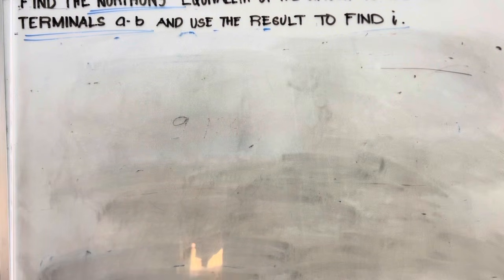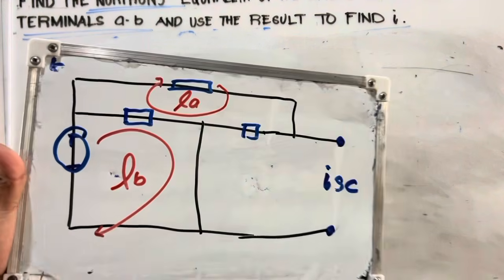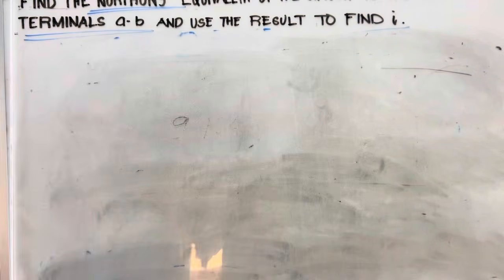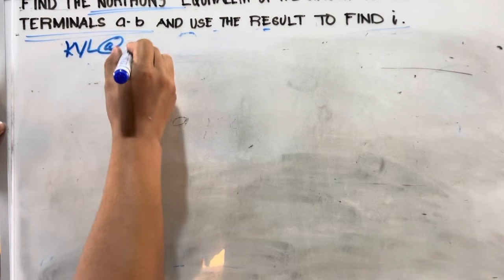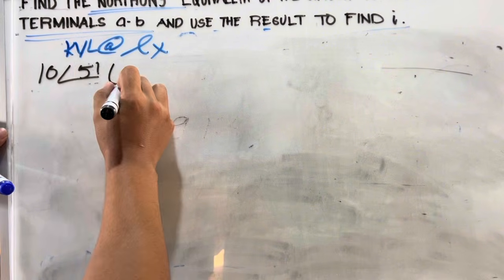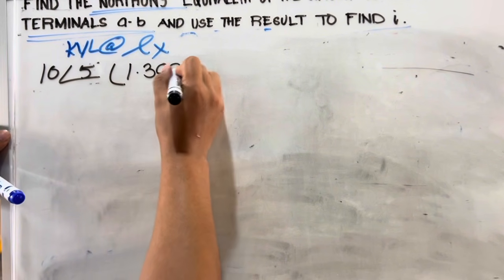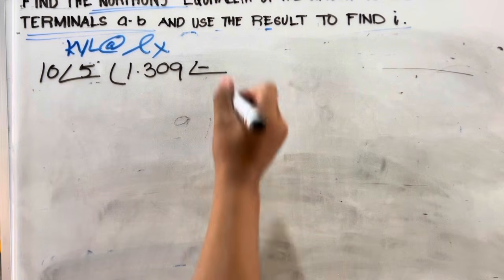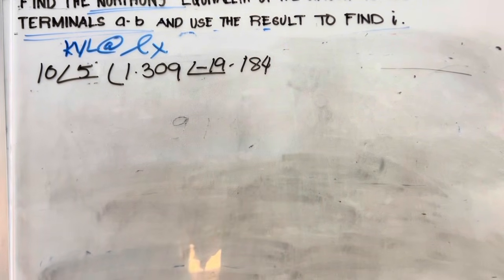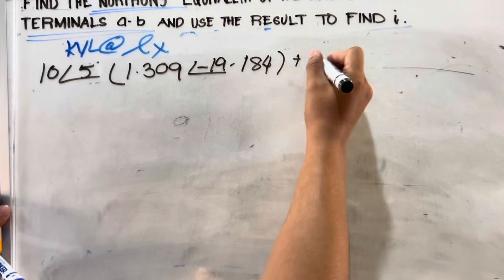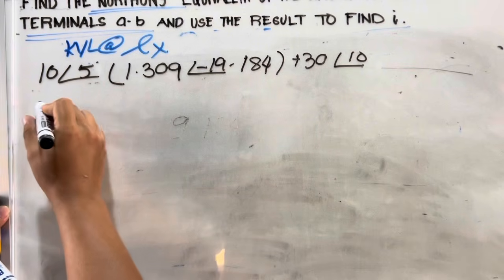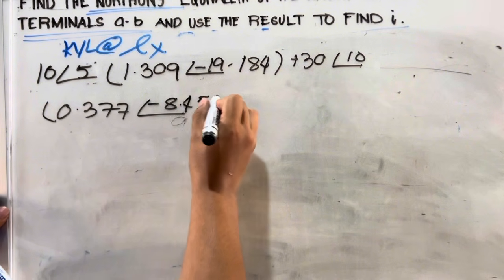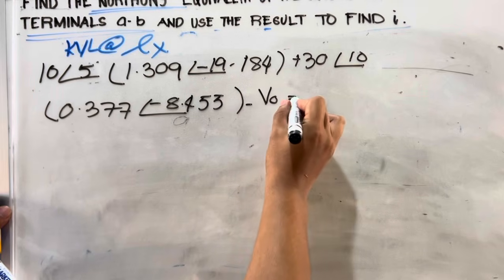We will now again perform the KVL at loop X. So in this drawing, we will use this as our loop X. KVL at loop X: 5 angle of 5 times 1.309 angle of negative 19.184 plus 30 angle of 10 multiplied by 0.377 angle of negative 8.455 minus V's of O is equal to 0.